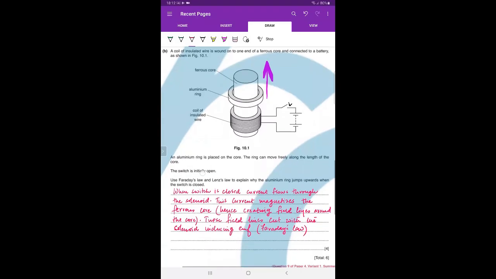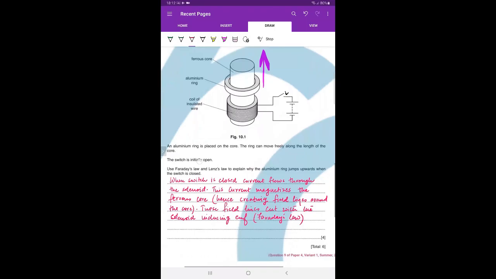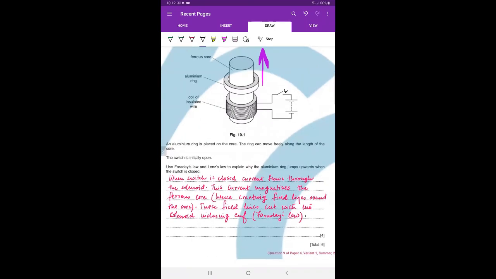Further on, induced e.m.f. gives rise to, now I can use the term eddy currents if you like.